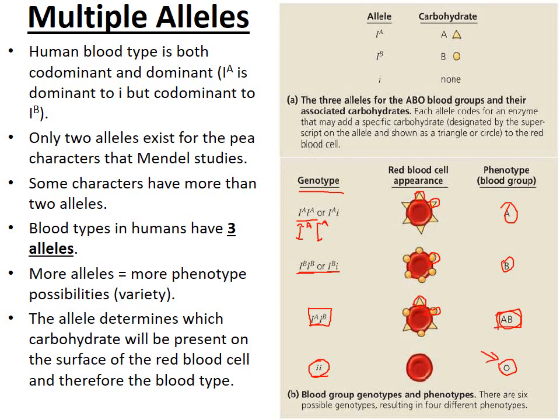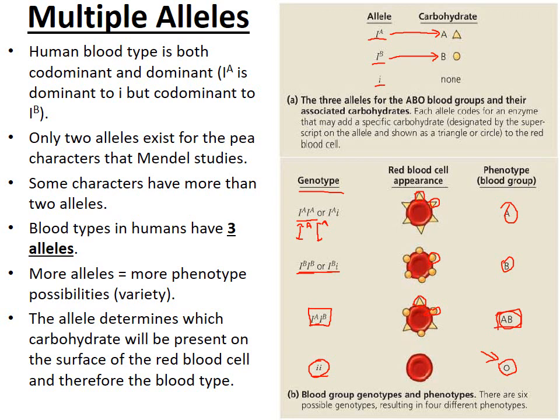So you may have noticed that there's more than two alleles. It's not just allele A and B, you also have little i. So you have allele IA, IB, and little i. IA codes for the triangle carbohydrate, and IB codes for the circle carbohydrate.